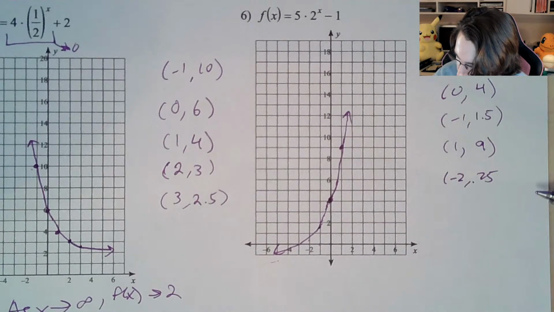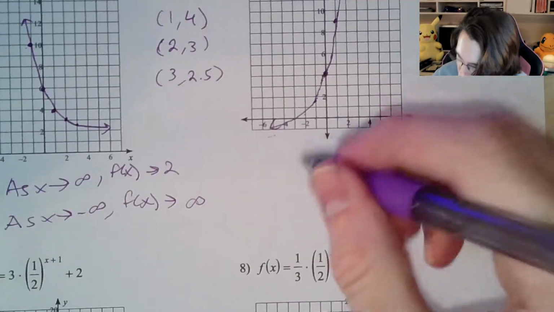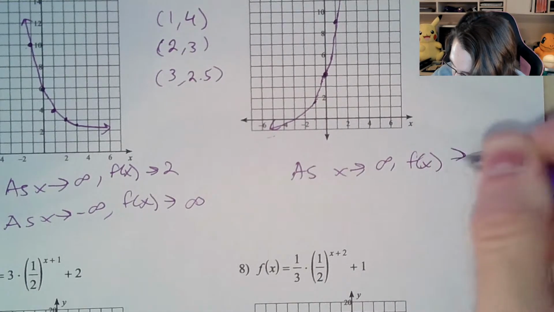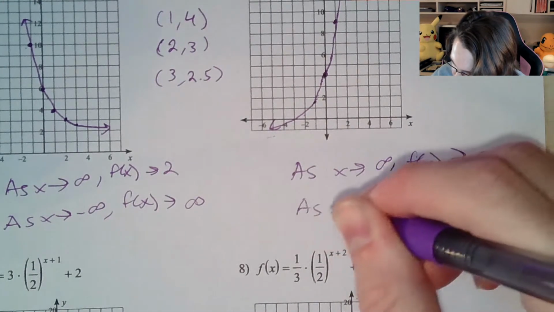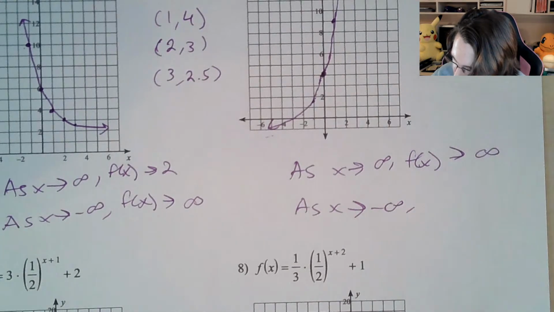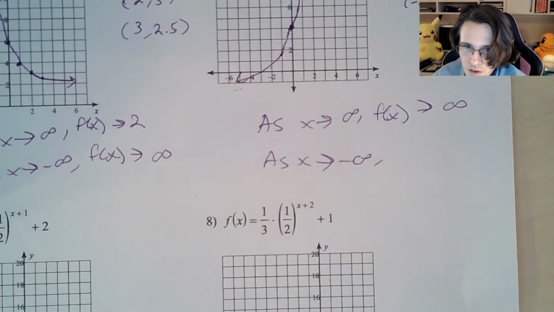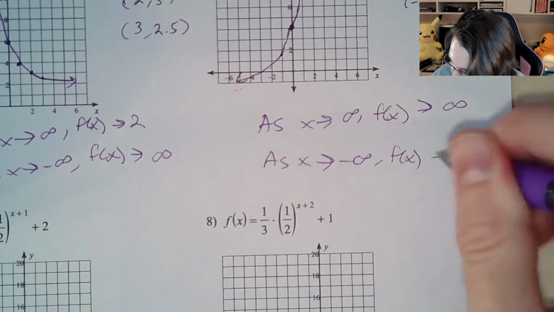I guess that wasn't too bad. I'm just going to leave it here. That's good enough for me. Point is, though, as x goes to infinity, f of x still goes to infinity at the end. But as x goes to -infinity, as you go left, you go towards whatever this number was right there. In this case, it is -1.